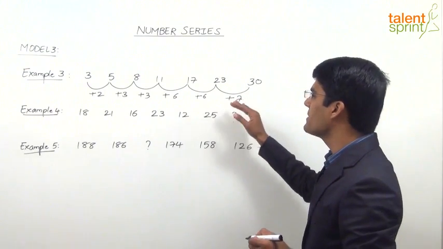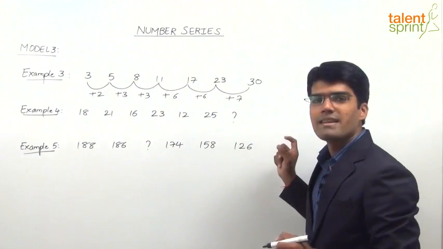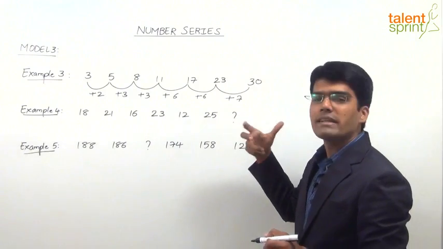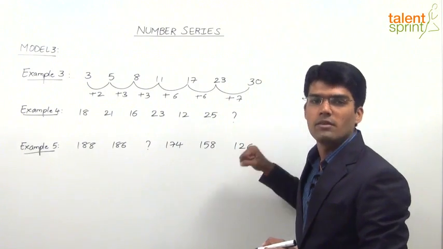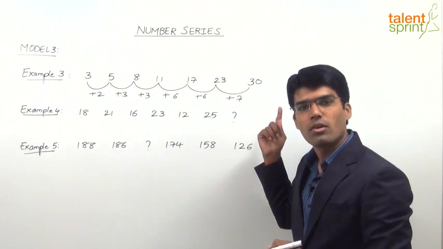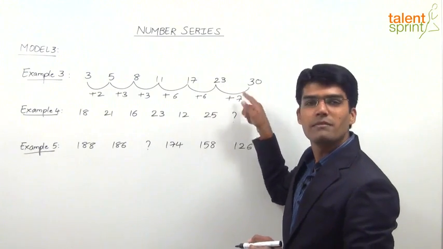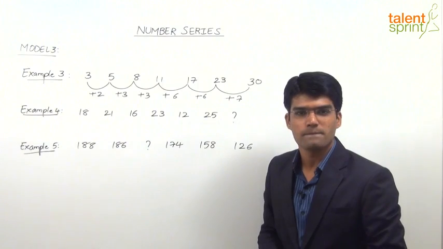So far the differences between the numbers here are as shown: 2, 3, 3, 6, 6 and 7. But if you try to observe the differences here, they are not in a particular fashion. There is no rhythm between these differences. And we already know that one of these numbers is wrong. So what should be that number here due to which the rhythm between these differences is lost? If we are able to identify that, then our job is done.